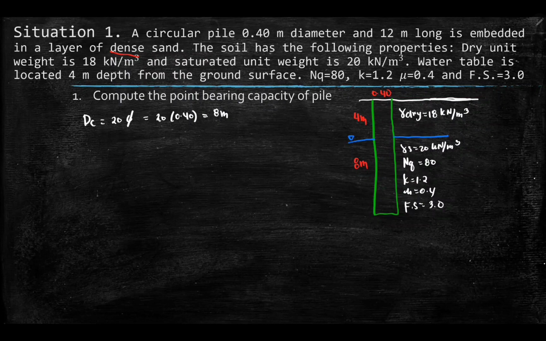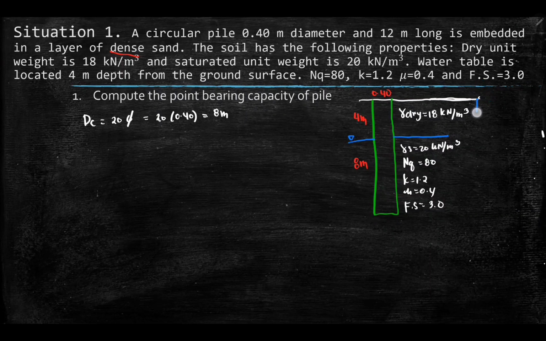The critical depth of our pile is measured from the top of the sand layer, so from here up to 8 meters from the top of the sand layer.